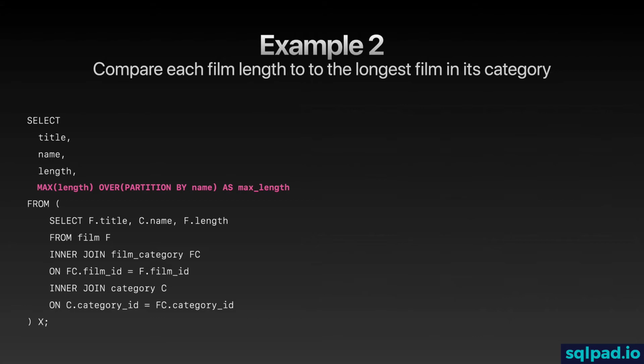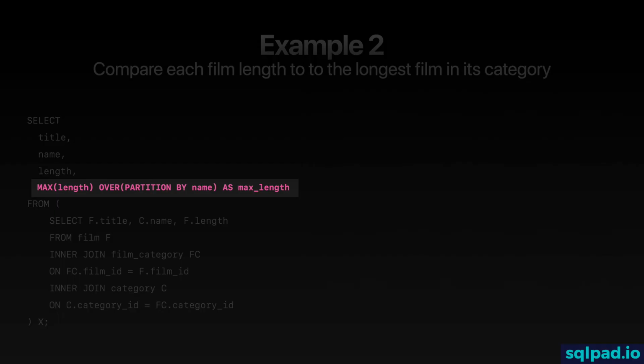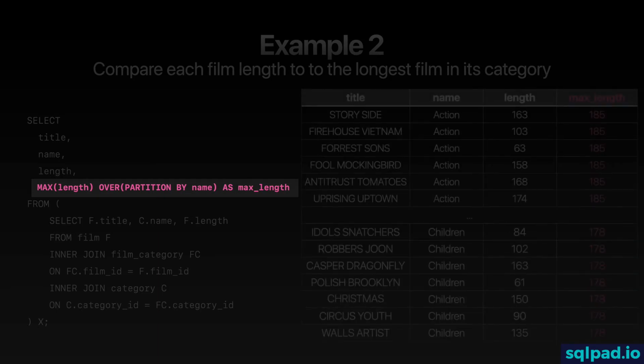Let's take a look at another example. In this example, I wanted to compare any movie's length to the maximum length of a movie that belongs to the same movie category. It's very similar to the previous example, but instead of using average, I'm combining max with over and partition by to create a window function, so I compute the maximum movie length inside of the same movie category.